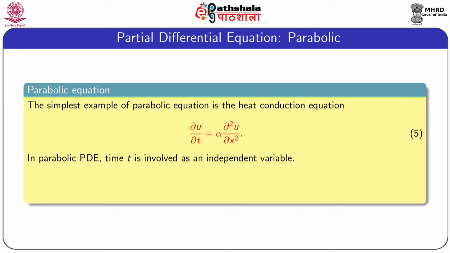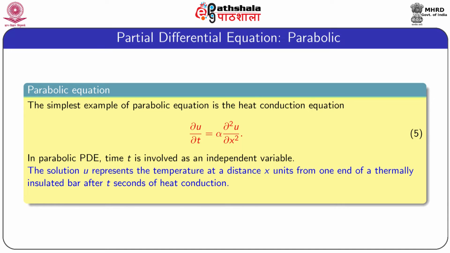In this equation, the time t is involved as an independent variable. The solution u represents the temperature at a distance x from one end of the thermally insulated bar after t seconds of the heat conduction.